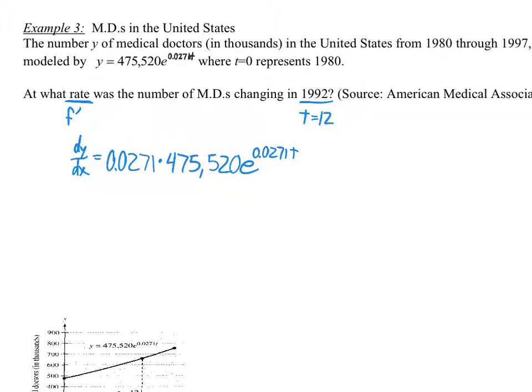The derivative of e to a power is e to that power times the derivative of the power, and that's just a linear function up there. Wouldn't it be dy dt, not dy dx? Oh yeah, it is dy dt. Thanks. So we have that, and we can figure out what that is.